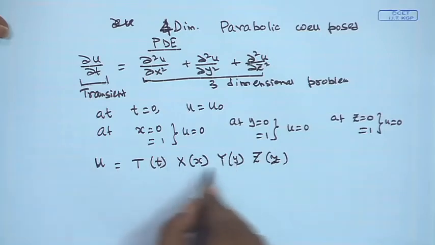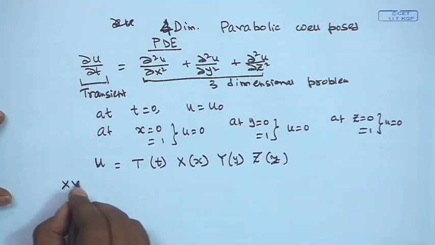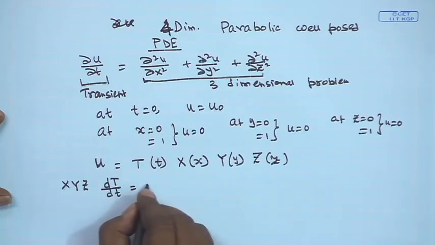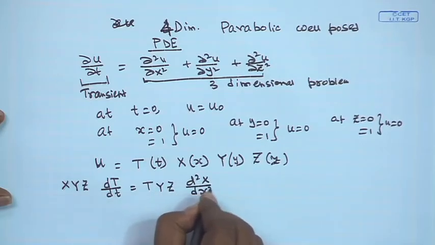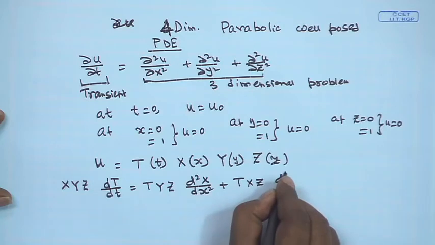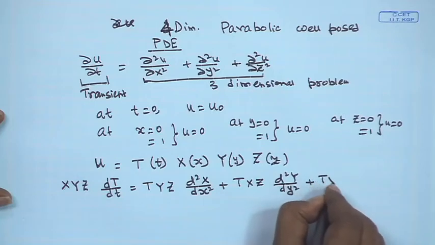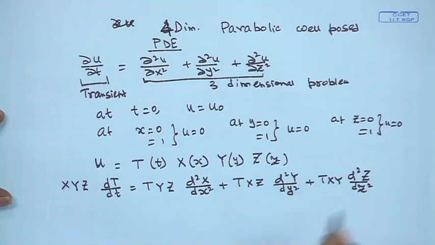Now, if you substitute this into the governing equation, you will get x y z dT dt is equal to T y z d square X dx square plus T x z d square Y dy square plus T x y d square Z dz square.